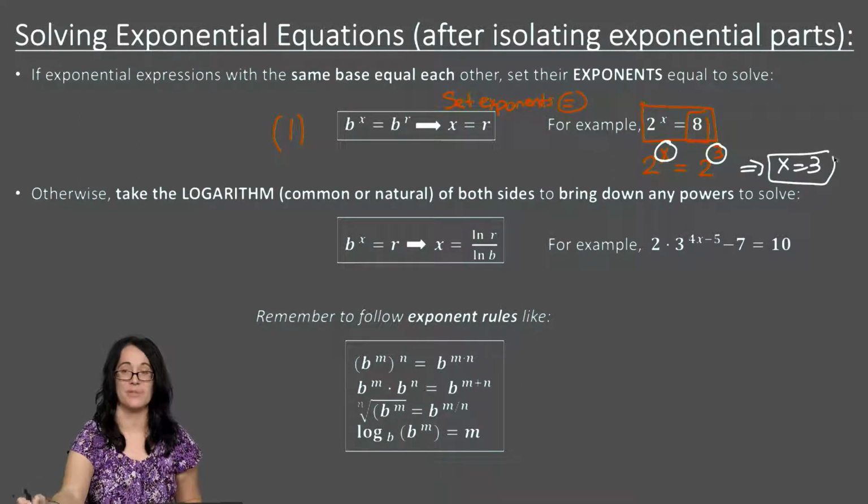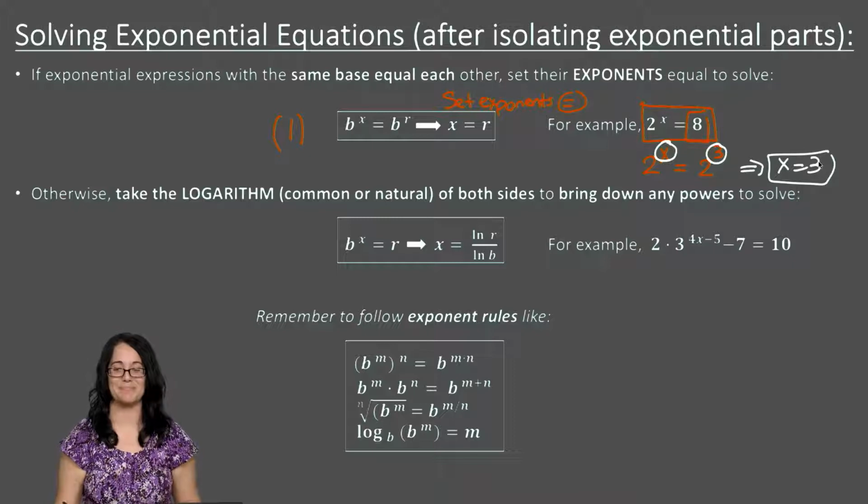Now some good news. These will get more complicated, I promise. Unlike logarithmic equations, which had very restricted inputs, remember the arguments of a logarithm had to always be greater than 0, exponential functions don't have any restrictions on the domain, on the inputs.